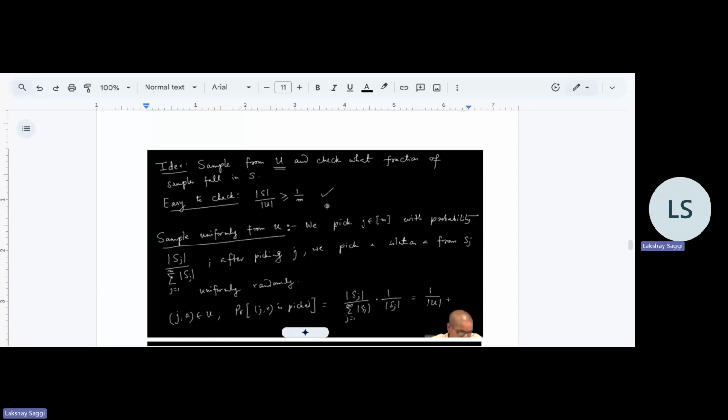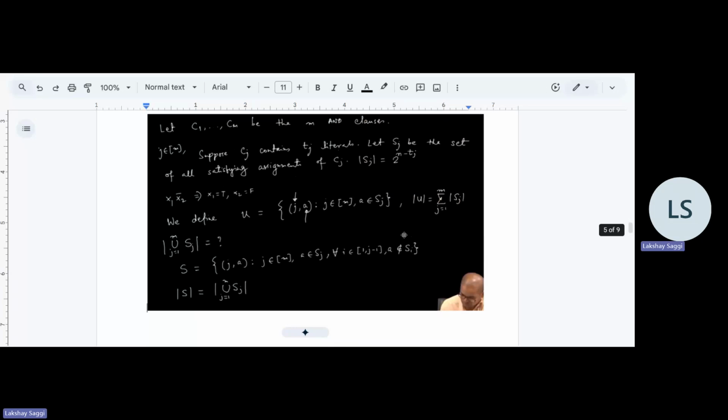And if this kind of ratio occurs, then we know how to estimate the size of U, because the size of U is just the summation of the sizes of these Si's, which we also know.